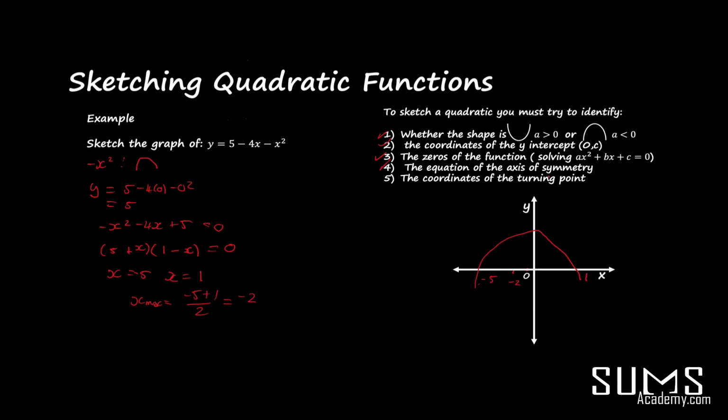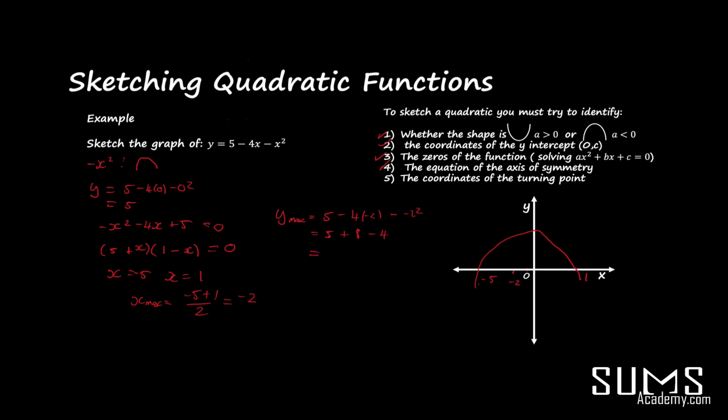To find the coordinates of the turning point, we just need to substitute this back into our original equation. So y max is equal to 5 minus 4 times minus 2 minus minus 2 squared. So this equals 5 minus 4 times minus 2, which is plus 8, minus 2 squared is 4, so it's minus 4.